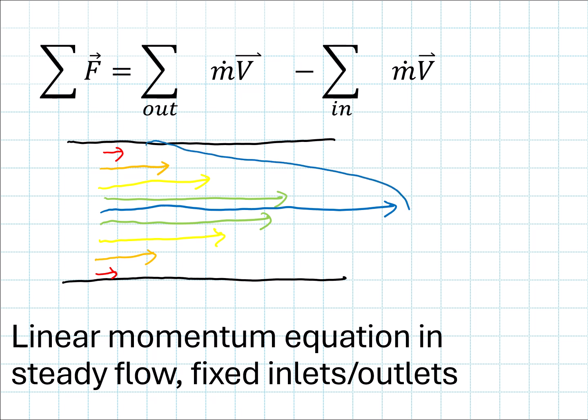And I've got this nice parabolic, very non-uniform velocity profile that has developed in every one of those inlets that's bringing mass into or out of my control volume.